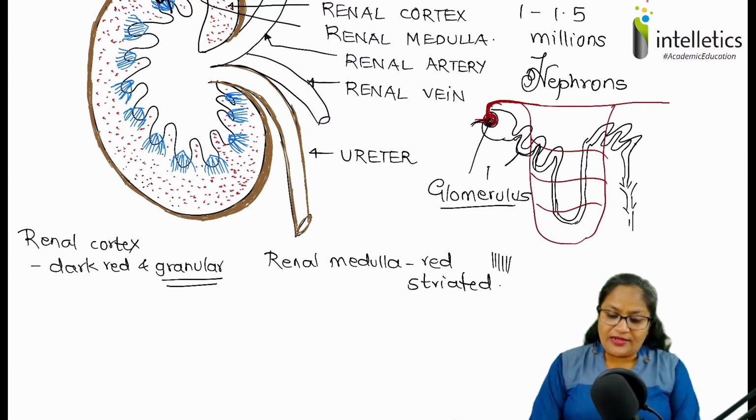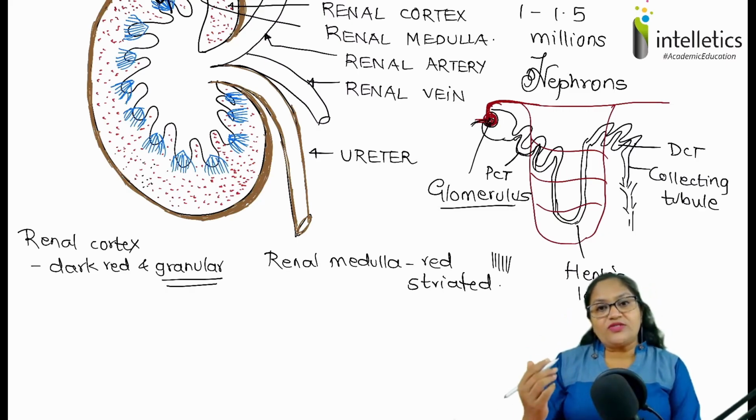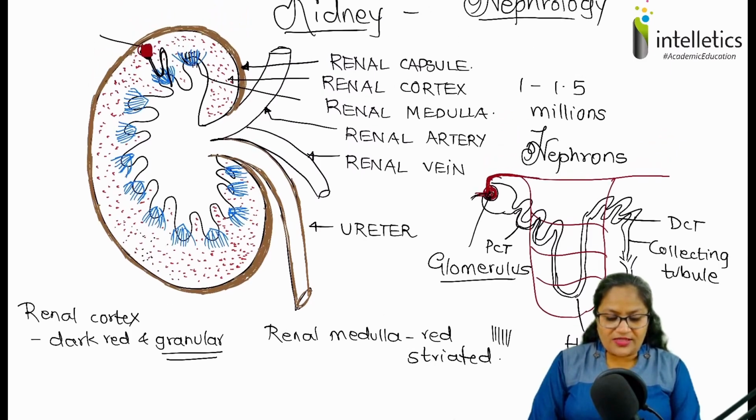You might recollect, this part is the PCT, that is the proximal convoluted tubule. This part is the Henle's loop. This part is the DCT. And this part is the collecting tubule. Right? So these tube-like parts, all these tubular parts converge together here at this end.